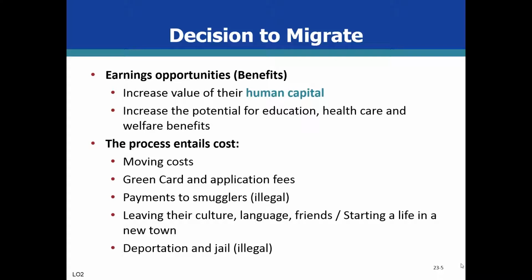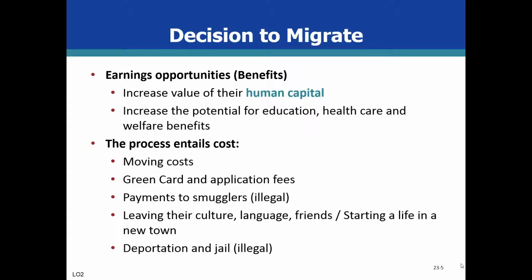Stress and cost are both incurred when a household leaves their culture, language, and friends. Starting a new life in a new town takes a considerable amount of time. Finally, the illegal group can also face the cost of deportation and jail.